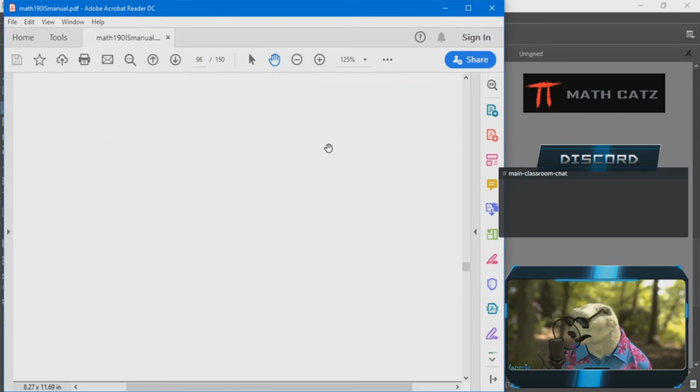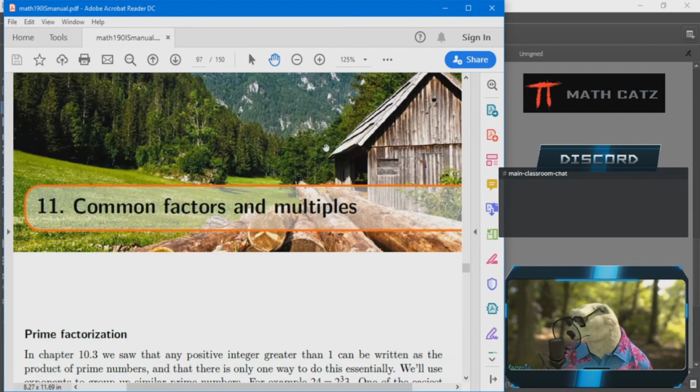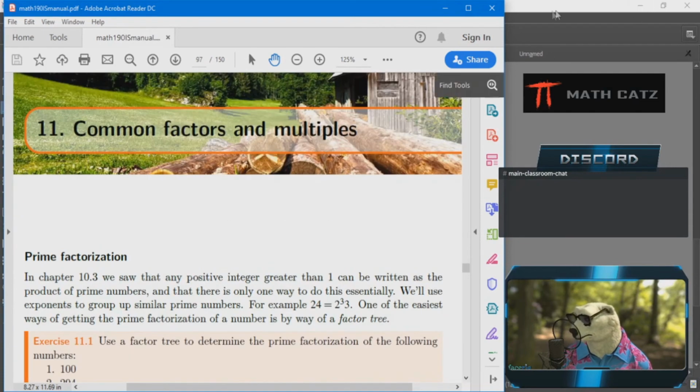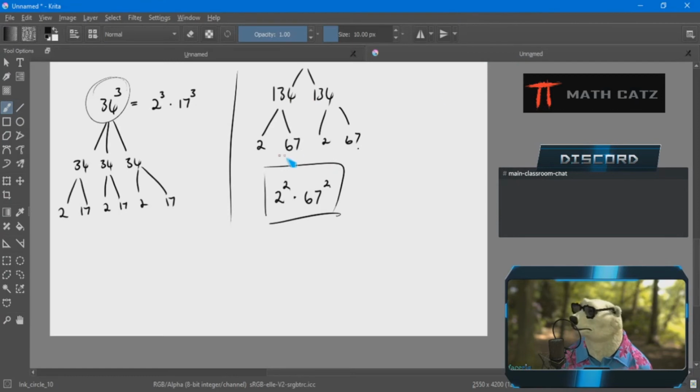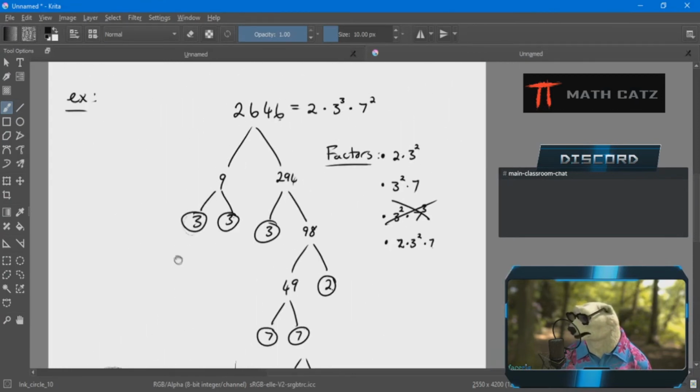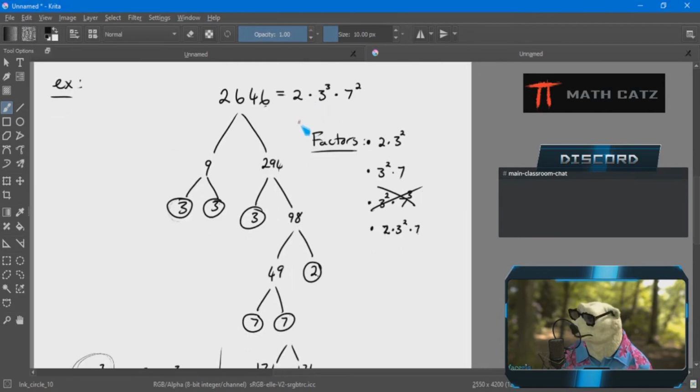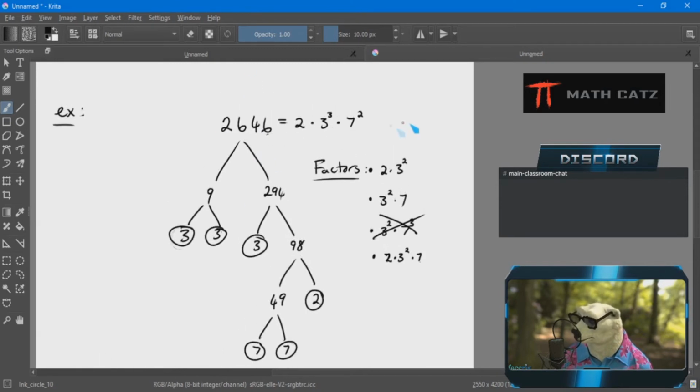Where's 11? What is 11? Oh, 11 is easy. We did some of it. Oh, we need two numbers, don't we? We can use this guy. And let's just make another one as if we've done the tree. Let's just make another one and say some other number.